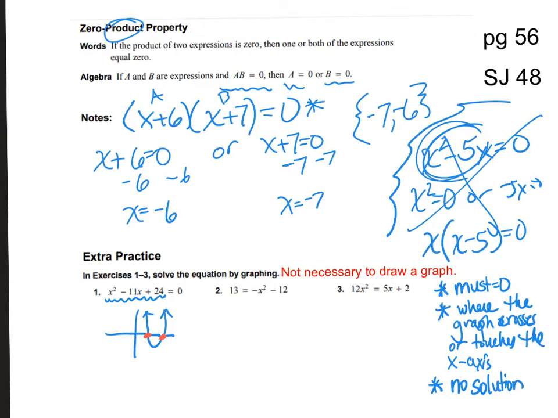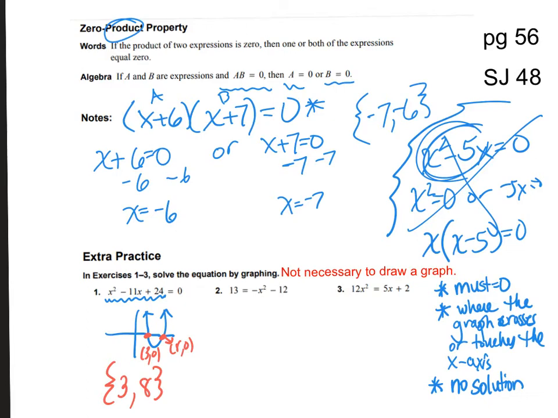If you actually click on that dot, then it tells you the ordered pair 3, 0, and it tells you the ordered pair 8, 0. The solutions are the x-intercepts. So 3 and 8 are my solutions for number 1.